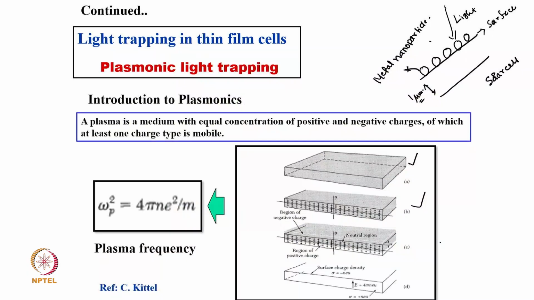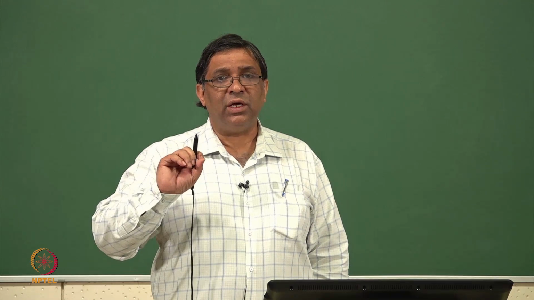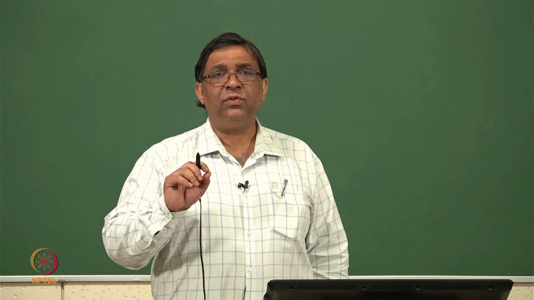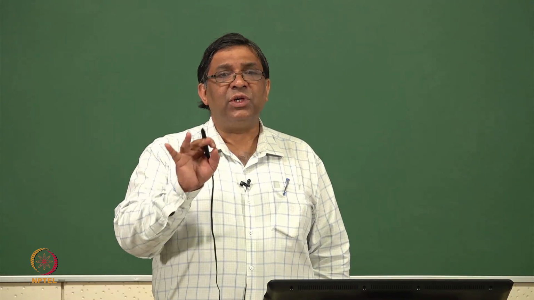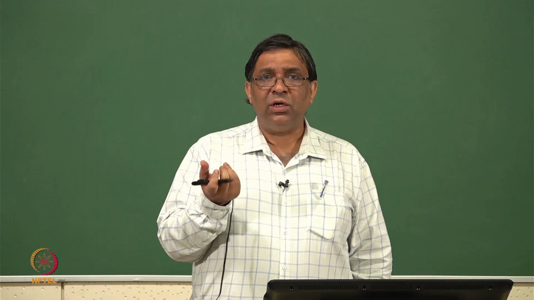So this is a typical inside view of a metal where you have a large number of free electrons and positive charge, but they are charge neutral because the electron and positive charge numbers are the same. So therefore, a metal as a whole is not charged.